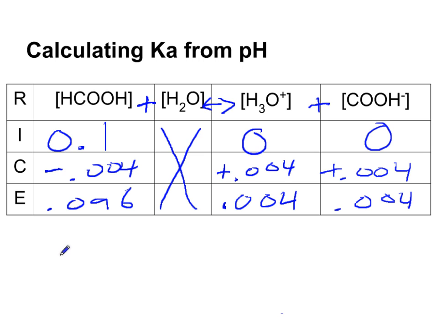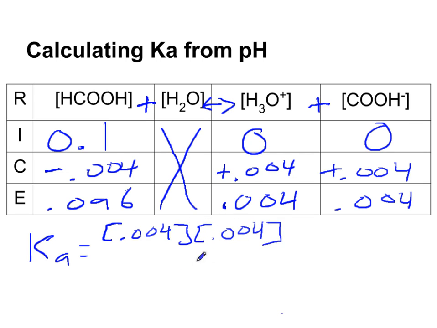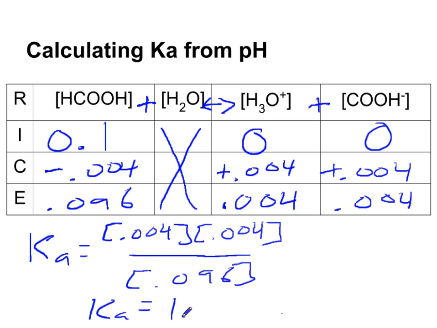Now we have enough information to plug back into our equilibrium expression and solve for Ka. Ka is our products over reactants, so it's 0.004 times 0.004 divided by 0.096, so Ka is equal to 1.67 times 10 to the negative fourth.